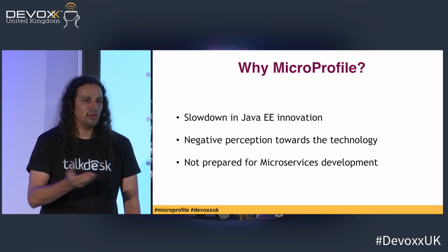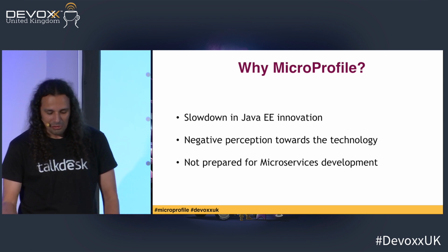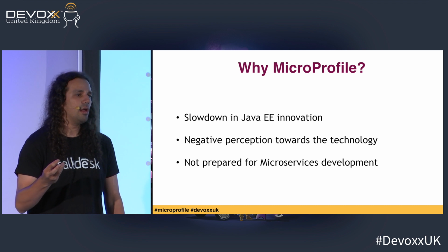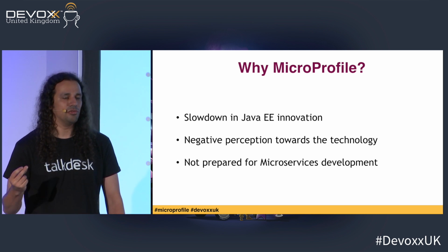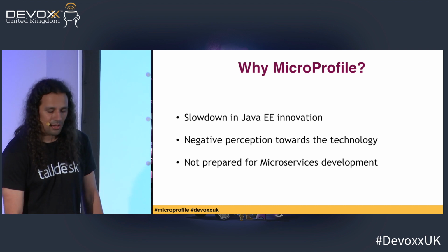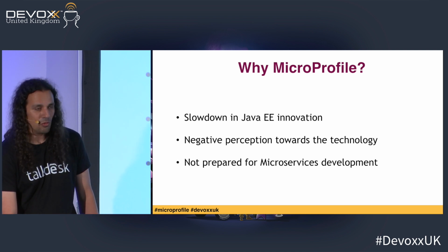If you look at all the specs that you have over there, it was not really prepared for all these microservice deployments, right? When we're talking about health, metrics and tracing, all of those things were missing, and they needed to be added in one way or another somewhere.